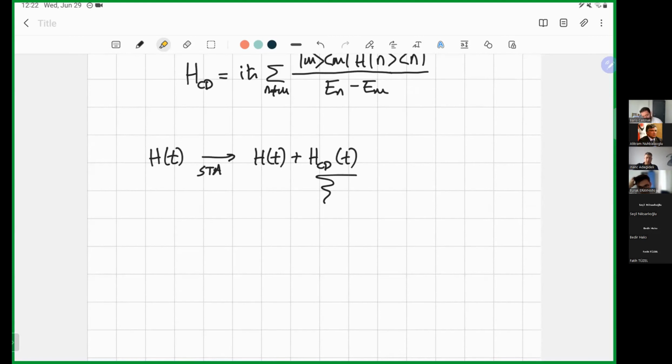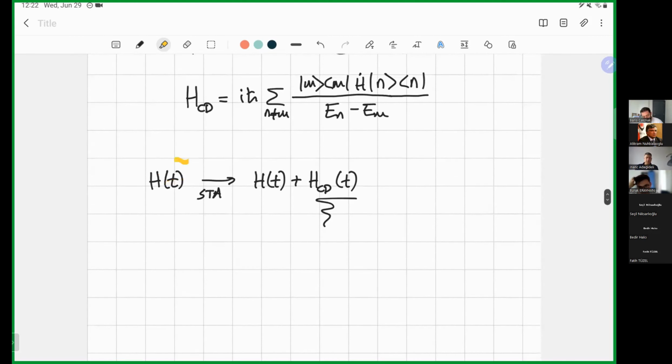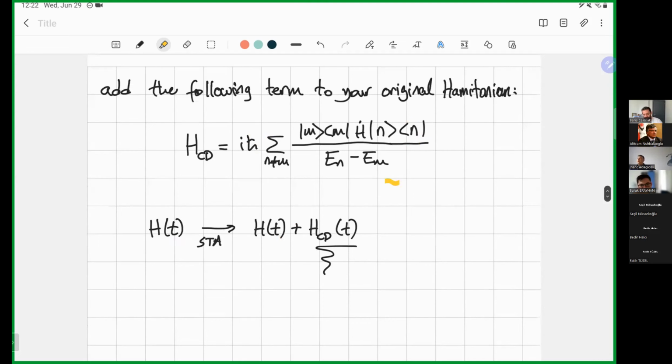And then, as we said, you have your original Hamiltonian, whatever it is. If you want to make a shortcut to adiabaticity using counter-diabatic driving, you take your original Hamiltonian and add this counter-diabatic Hamiltonian, whose general form is given like this.